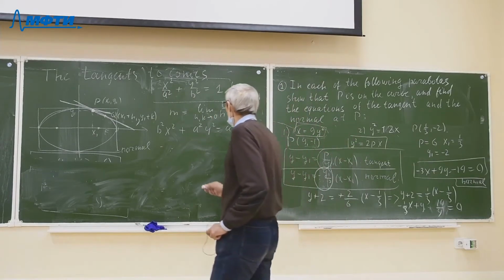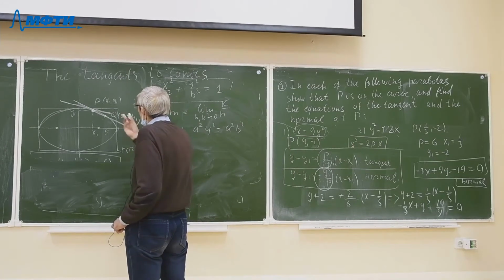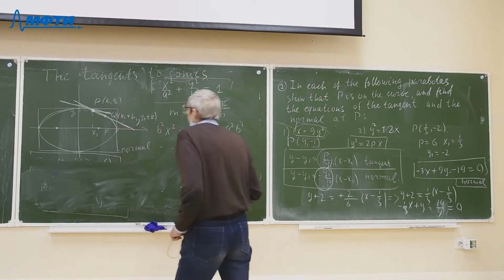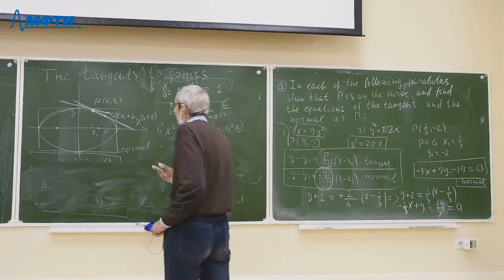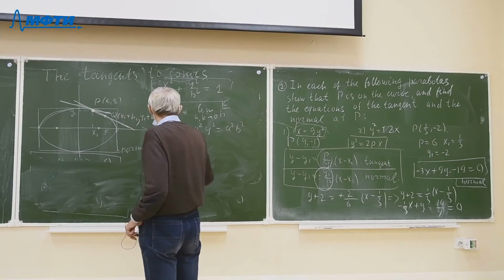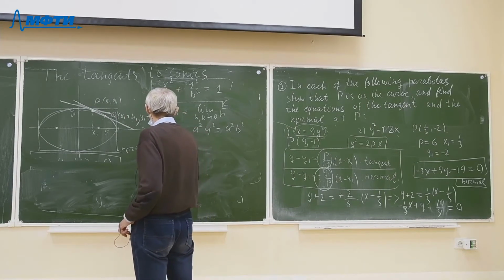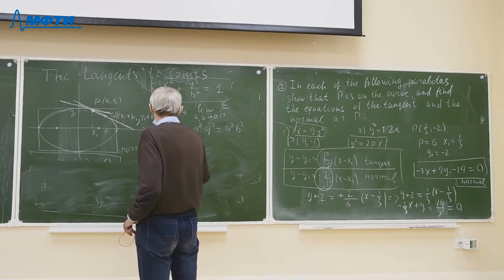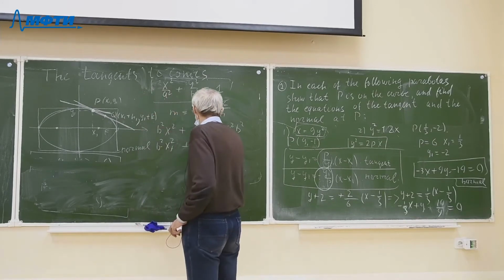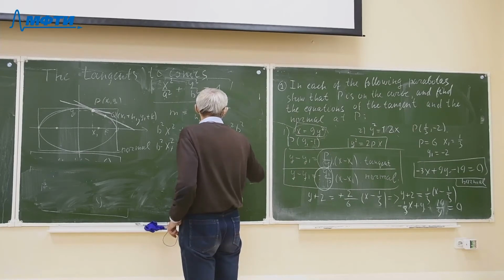And as P belongs to our ellipse, the coordinates of this point satisfy the equation of ellipse, and we obtain the equality b squared x1 squared plus a squared y1 squared is equal a squared b squared.